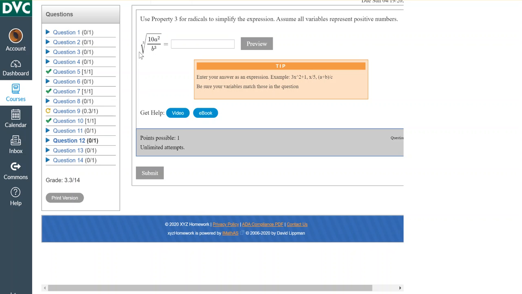And so the game with each of them, like in 12, because I'm looking at cube roots, I'm looking for perfect cubes that can be taken out of the numerator and the denominator. In 14 also happens to be a cube root. I'm looking for perfect cubes that I can take out of the numerator and the denominator. I don't want to do those exact ones. I'm going to leave them to you, but we're going to do something similar together.